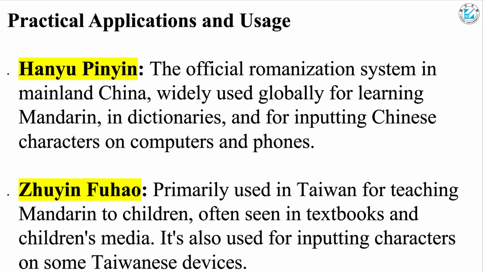In China, they started 汉语拼音, which really helped a lot of foreigners to learn Mandarin quickly. That's very good. And in the Taiwanese system, we use 注音符号. That is also good.